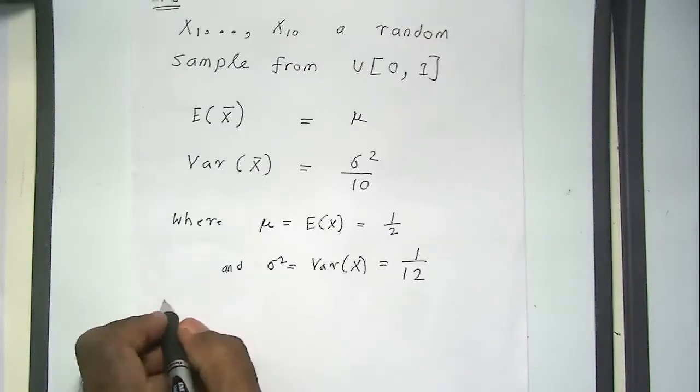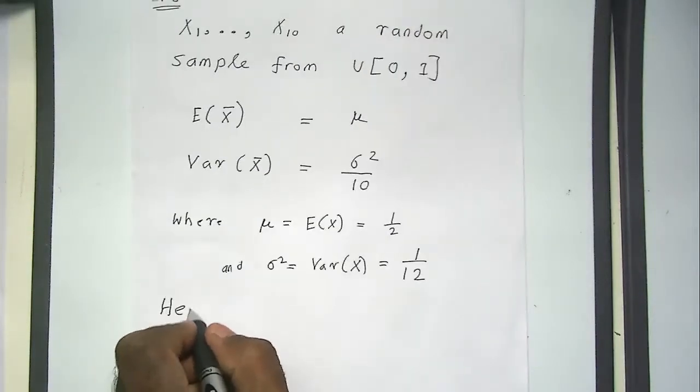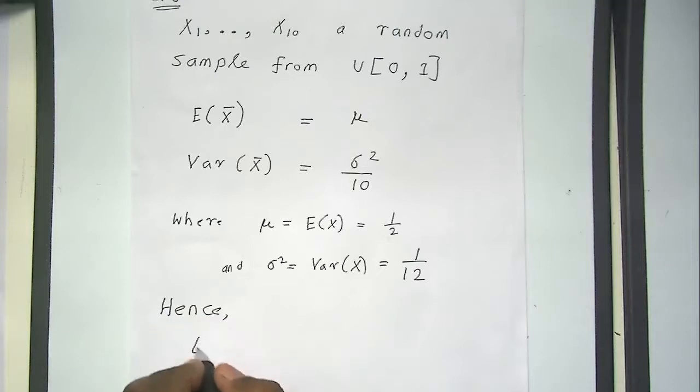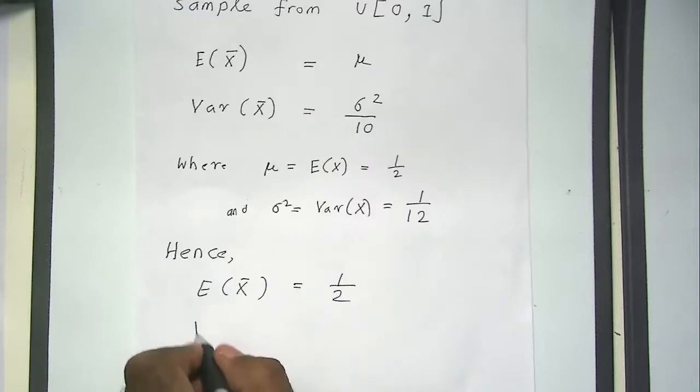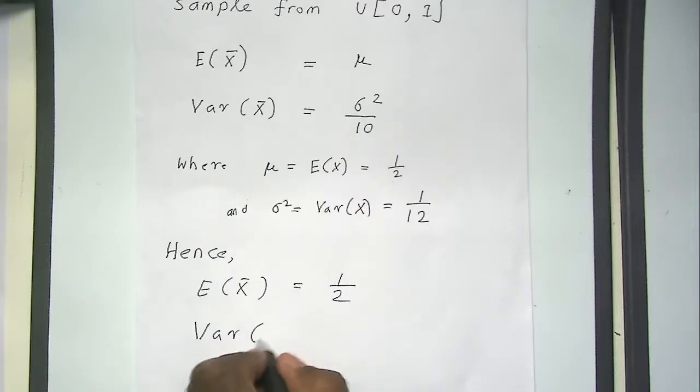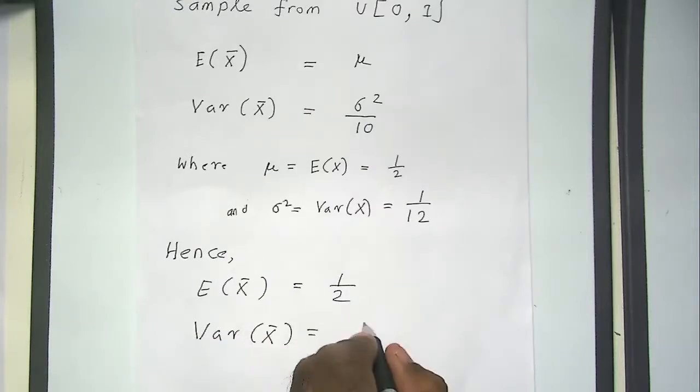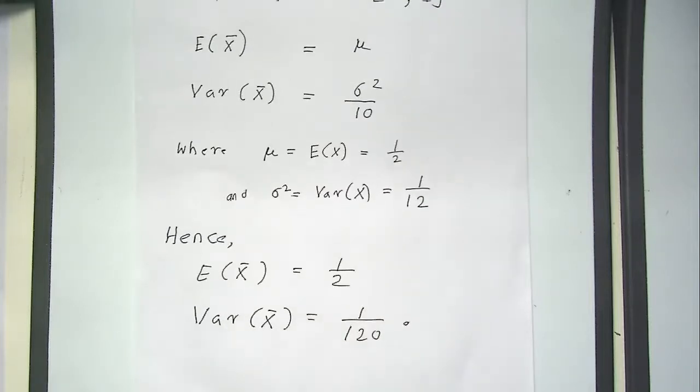So hence, the expectation of x bar is a half, and the variance of x bar is given by the formula. So that's all you're asked to do. Is this difficult, guys?